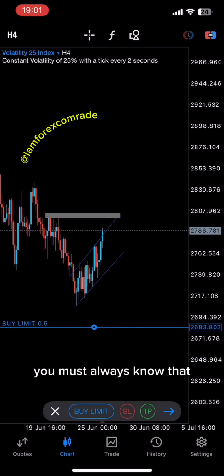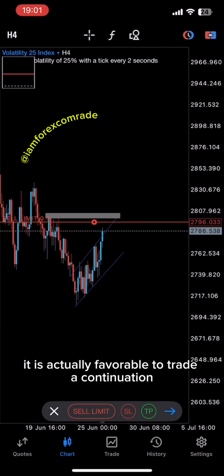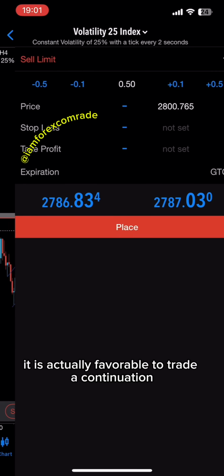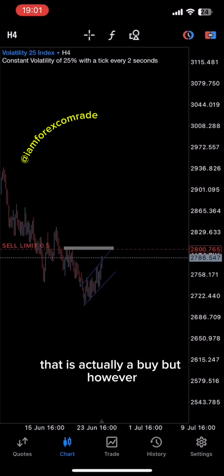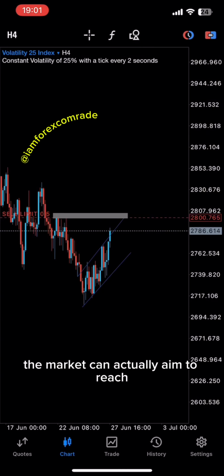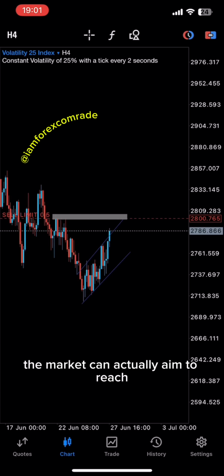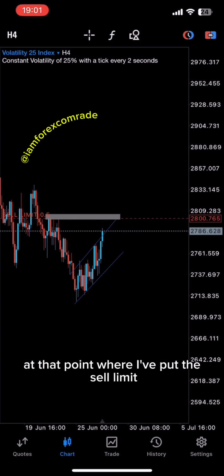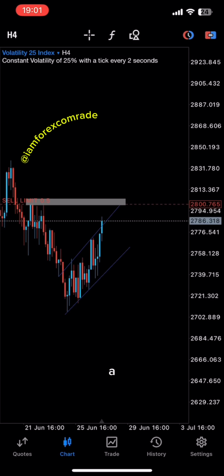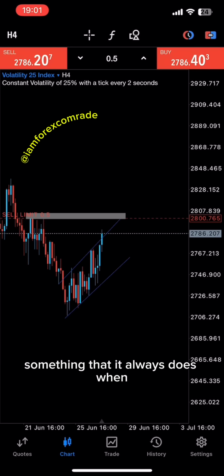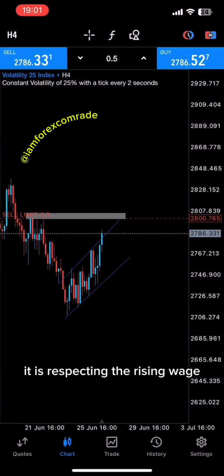You must always know that if you're not trading a breakout, it is favorable to trade a continuation, that is a buy. But at this time, as you can see, the market can aim to reach that point where I've put the sell limit and can come back down again, which is something that it always does when it is respecting the rising wedge.